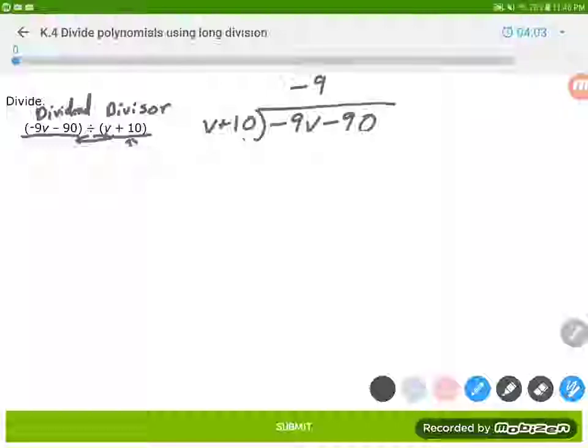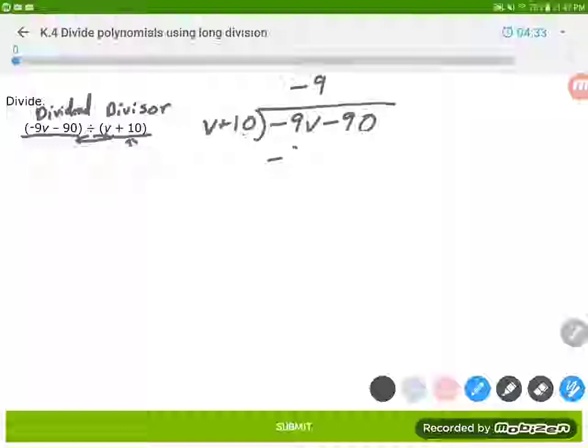So we write our multiple up there, and now we take that multiple and use it to multiply the entire divisor, and then we write it underneath the dividend. So we are now going to multiply negative 9 by everything right here.